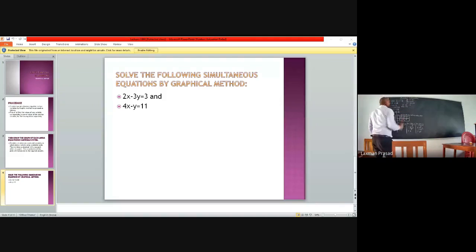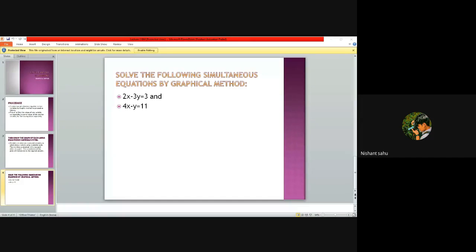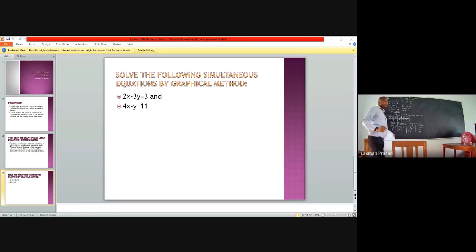So if the value of x is 0, then y equals 4 into 0 minus 11, so y equals minus 11. So if the value of x is 0, then the value of y is negative 11.